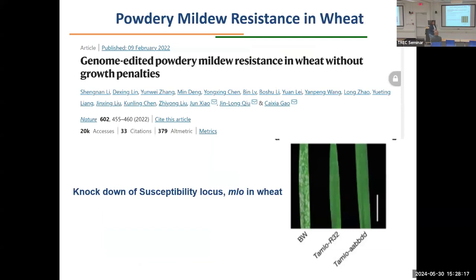In wheat, scientists have targeted the MLO locus. They knocked out this locus and developed an edited line which has more resistance as compared to the wild type.